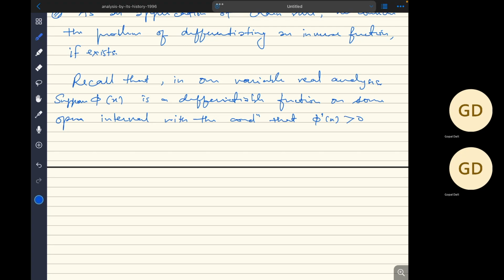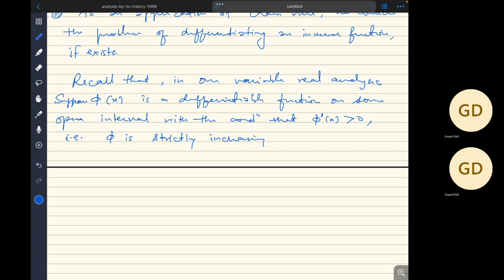What does this mean? This means phi is strictly increasing. Correct?